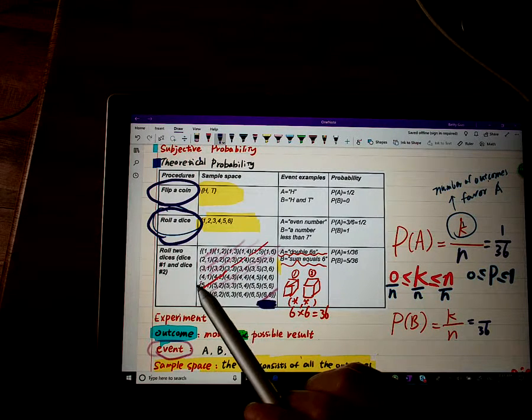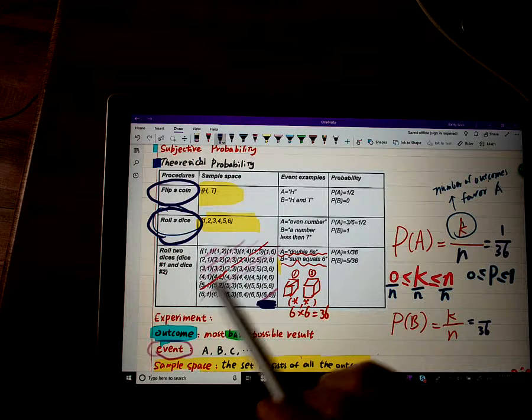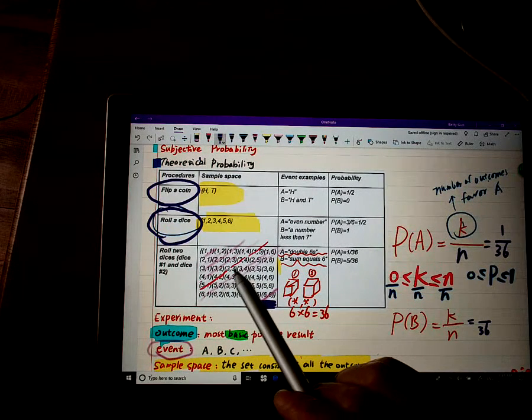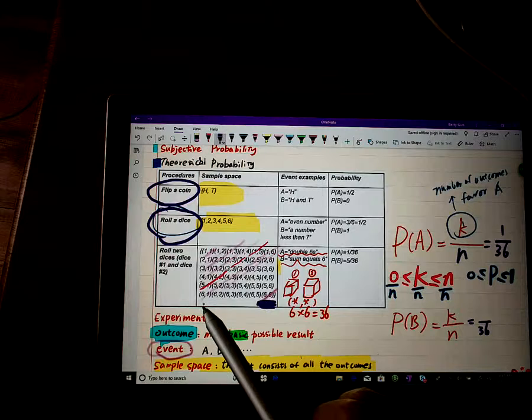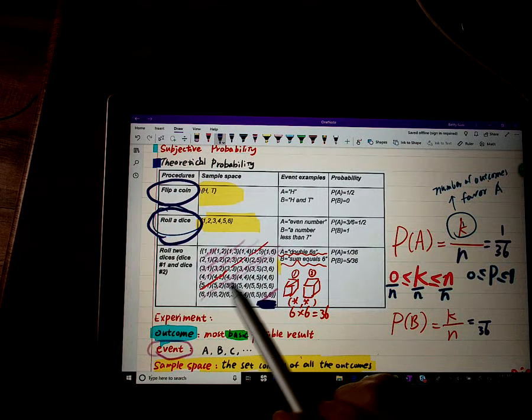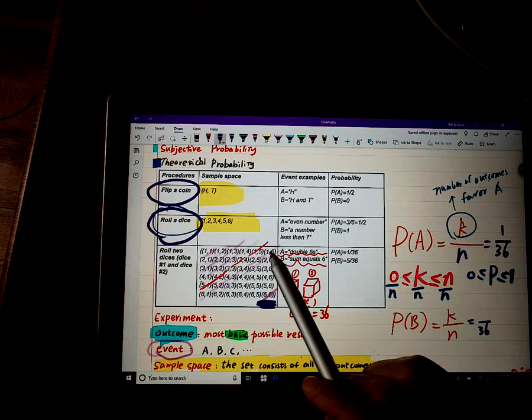In those four cases, the two numbers add up to 5. 5, 1, 4, 2, 3, 3, 2, 4, 1, 5. In those 5 cases, the two numbers add up to 6. If we keep going, you can see the sum is getting bigger. 6, 1, 5, 2, 4, 3, 3, 4, 2, 5, 1, 6.